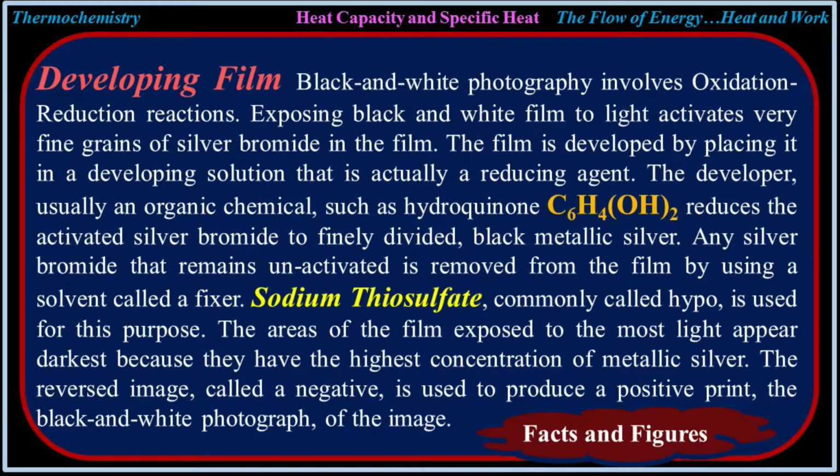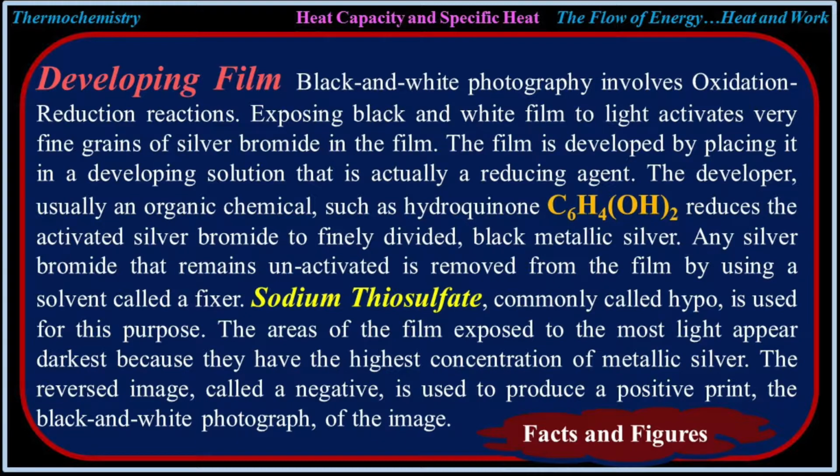Developing film. Black and white photography involves oxidation reduction reactions. Exposing black and white film to light activates very fine grains of silver bromide in the film. The film is developed by placing it in a developing solution that is actually a reducing agent.